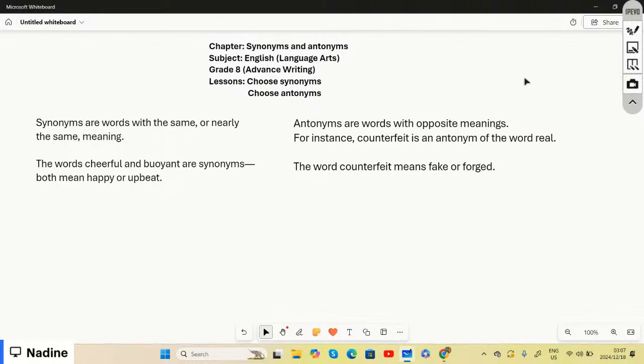And then the lessons that we are going to be focusing on are to choose synonyms and to choose antonyms.